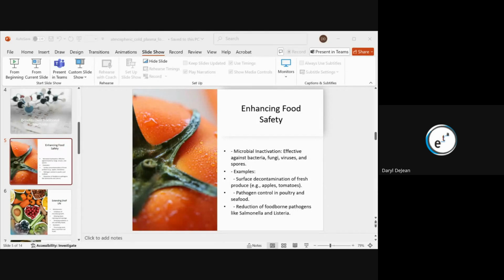There are many, many white papers and research projects on it. One of the things that always comes up in the research is that further study needs to be done. It's so effective, and there are so many ways to apply this plasma treatment. The mechanism of delivery is what really matters.